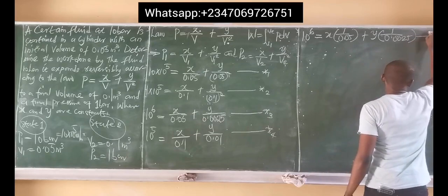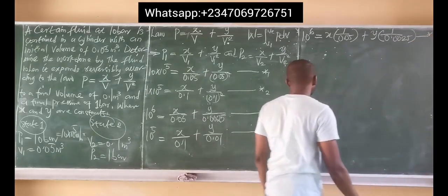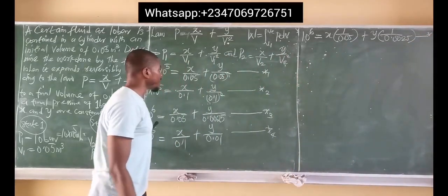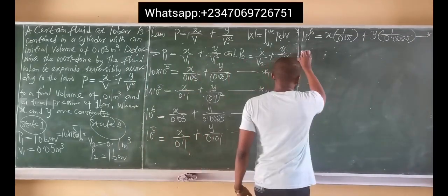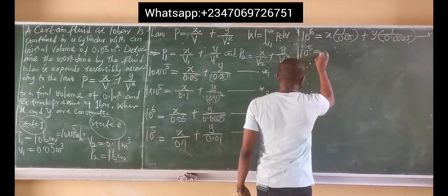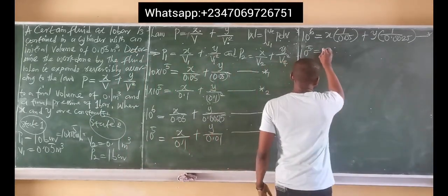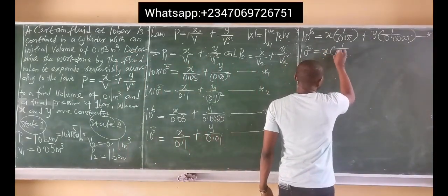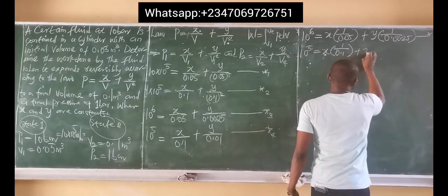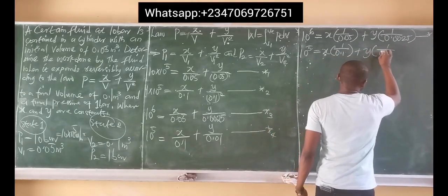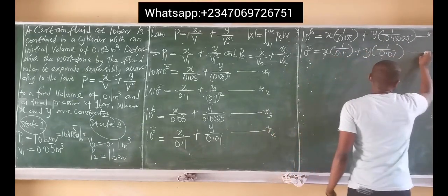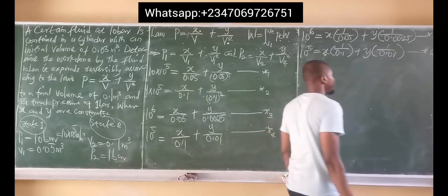Call this equation star 5. All right, and over here 10 to the power of 5 is equal to, also you factor x from here, this becomes x into 1 all over 0.1 plus y into 1 all over 0.01. Call this equation star 6, and you have this.